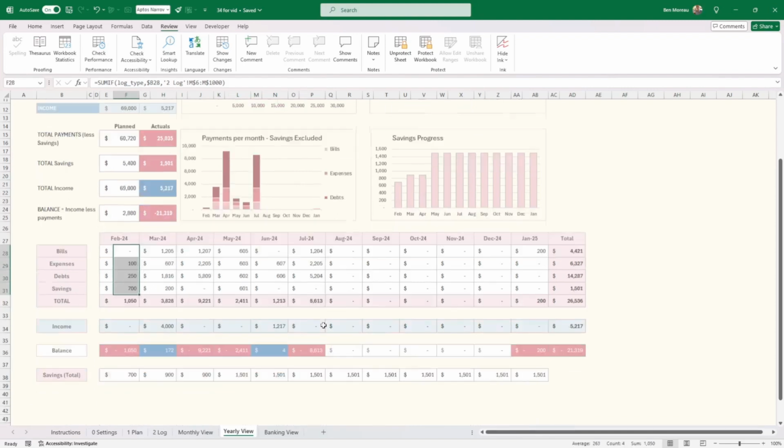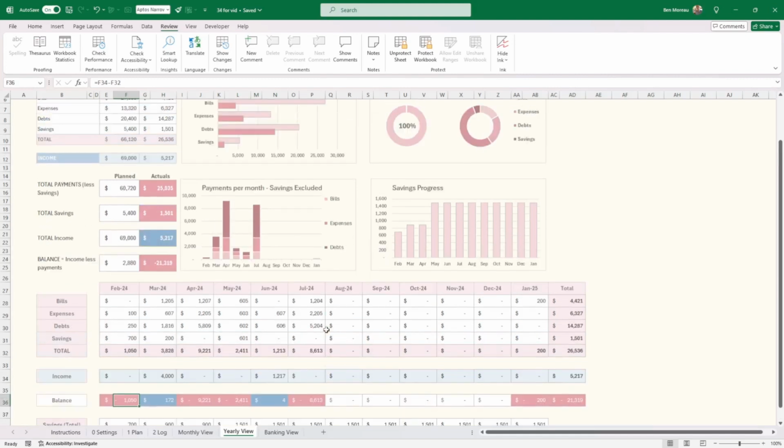What is the outcome? Income, I didn't get paid those 2 months. I need to do something about it. And here the balance by month, the data here is all over the place, just to show you that when it's positive by the month, it's blue, and when it's not positive, it's a paler red.